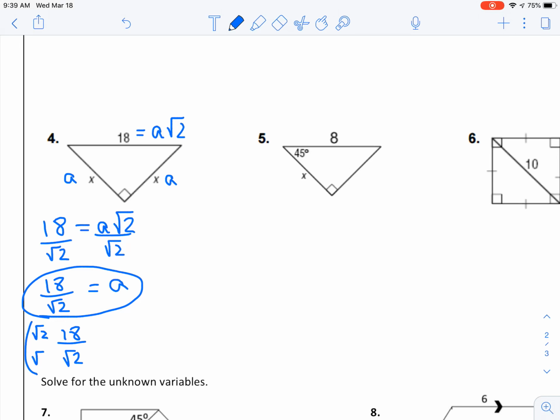Multiply by rad 2 over rad 2. And why am I allowed to do that? Because rad 2 over rad 2 is just 1, and I'm allowed to multiply anything by 1. What happens here is I get 18 rad 2 divided by 2, which simplifies to 9 rad 2.